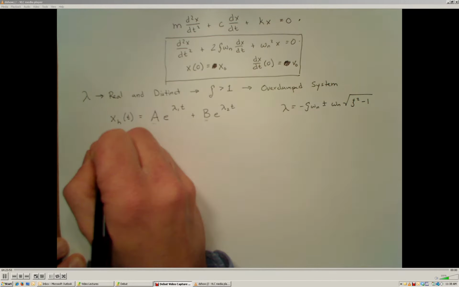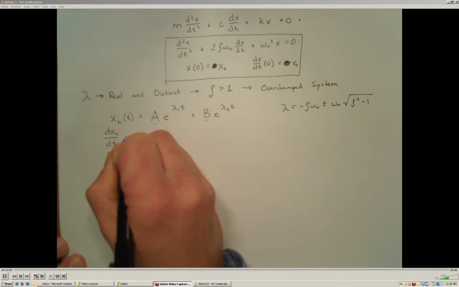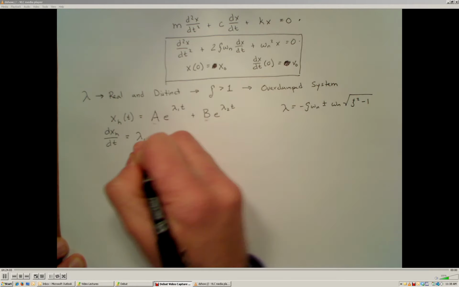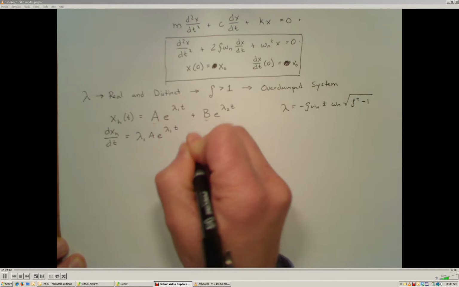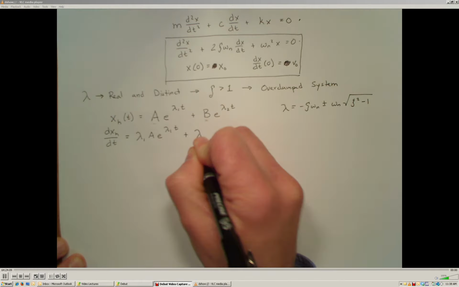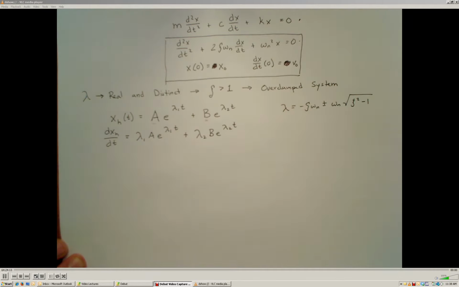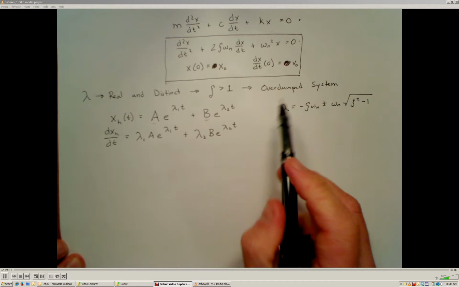The derivative of the assumed homogeneous solution with respect to time is lambda 1 times A e to the lambda 1 t plus lambda 2 B e to the lambda 2 t.